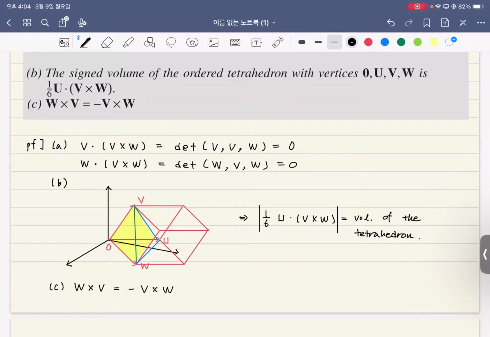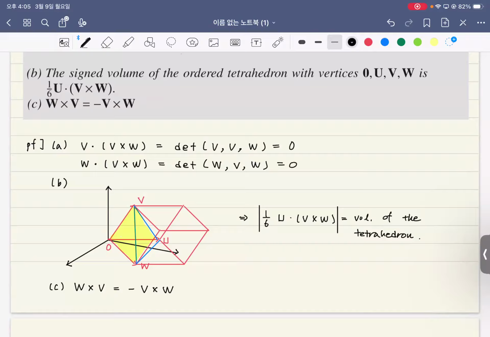It means if these three vectors are given in the positive orientation, then this volume will have the plus sign. However, if these three vectors are given in negative orientation, then this number would be the negative of the volume, right? So the sign of this number is very sensitive to the order of these three vectors.